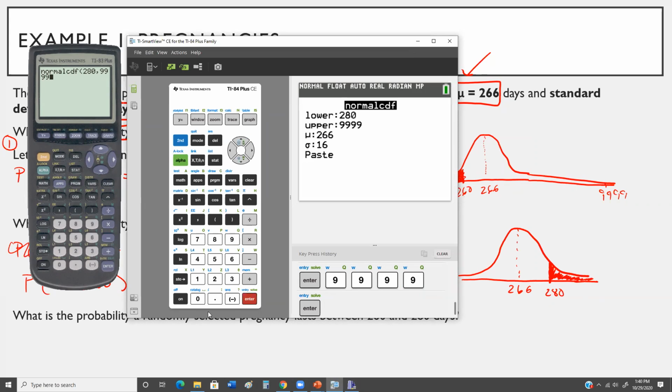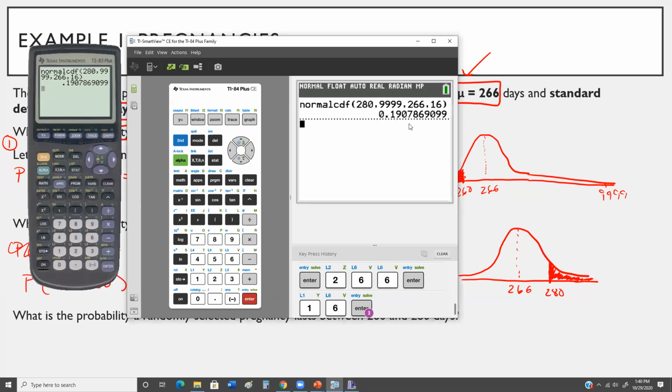Then the mean is still 266, and the standard deviation is still 16. So over here you hit comma 266 comma 16, then hit enter. How many people got this answer? I did.